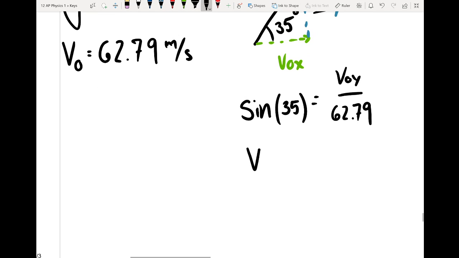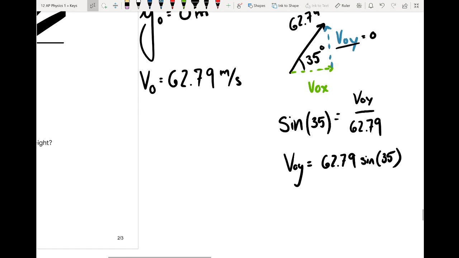Then I can solve for v naught y: 62.79 times sine of 35 is equal to my v naught y. I plug that into my calculator, and I get an initial velocity in the y direction of 36.01 meters per second. So that is my v naught y.